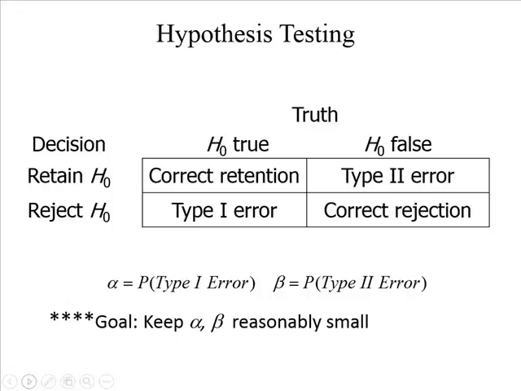Let's say you reject the null hypothesis, but it turns out that the null hypothesis is true. This is known as a false positive. A false positive.